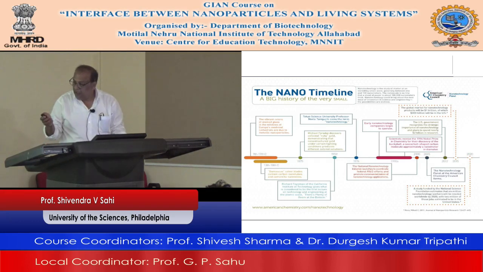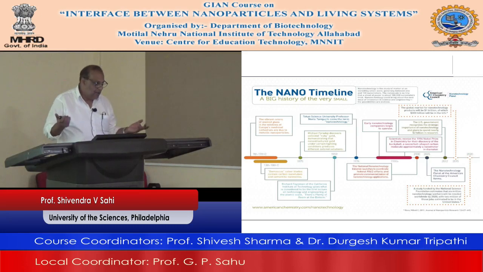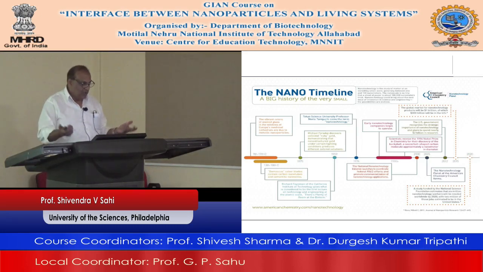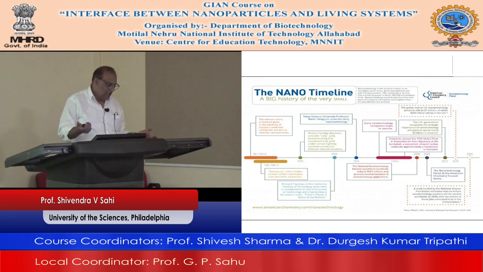Look over here. This is 1959. That is the time when Richard Feynman basically coined the term nanotechnology, and of course got the Nobel Prize for that work in physics.